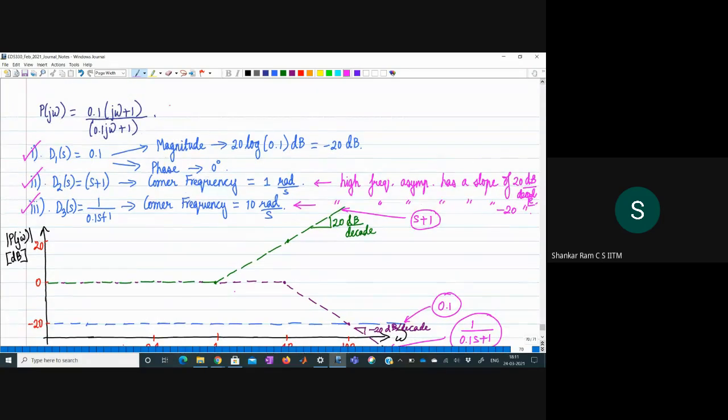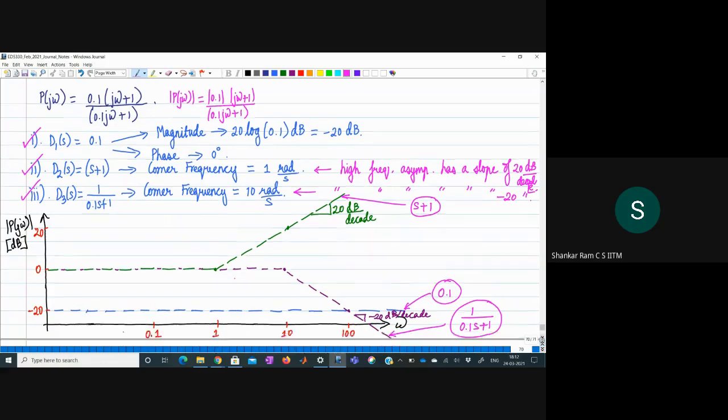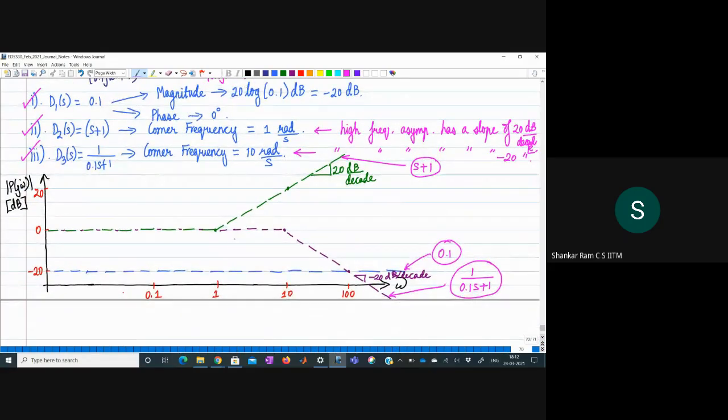Because if you go back, the magnitude of P of j omega is going to be the magnitude of 0.1, the magnitude of j omega plus 1, and then the magnitude of 0.1 j omega plus 1, right? When we go to decibel measure, they just get added up because we are taking the logarithm. So can you help me in plotting the final Bode plot of this factor? How do you think this will look like?